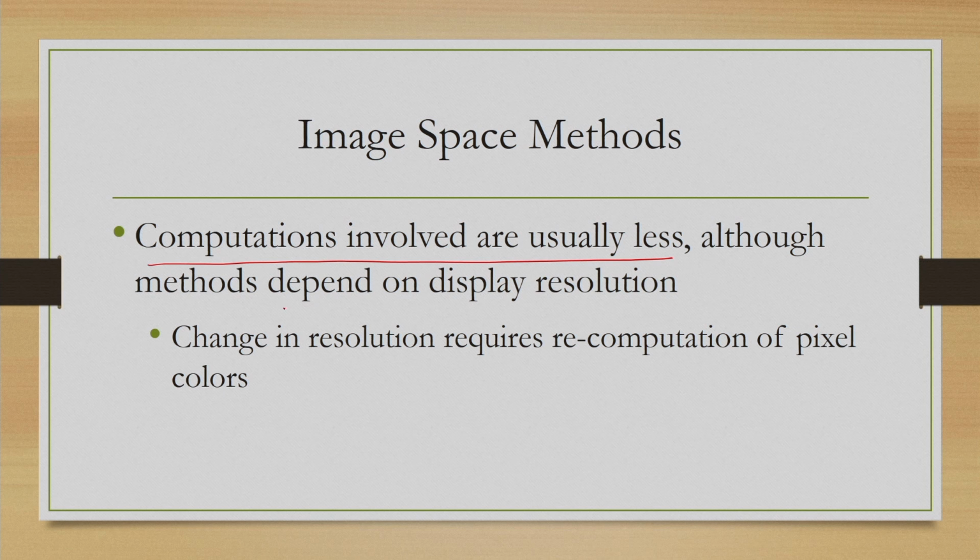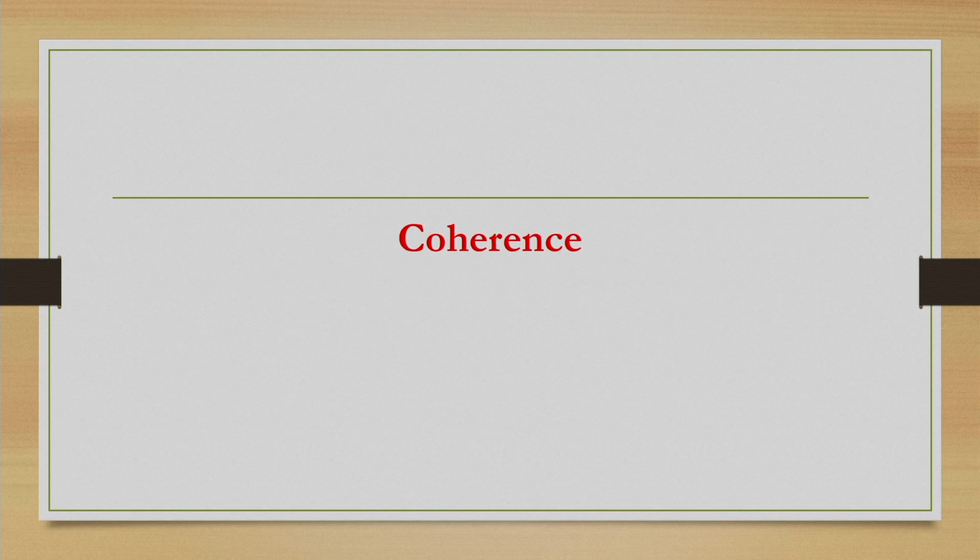However, the method depends on display resolution, because we are doing the computations for each pixel. So, if there is a change in resolution, then we require recomputation of pixel colors. So, that is the overhead. Broadly there are these two methods, object space methods and image space methods.